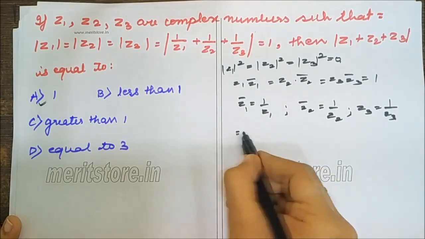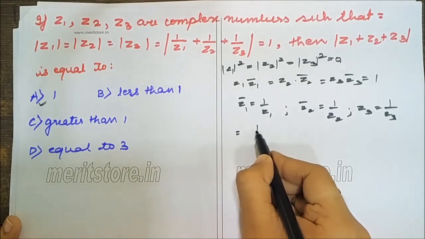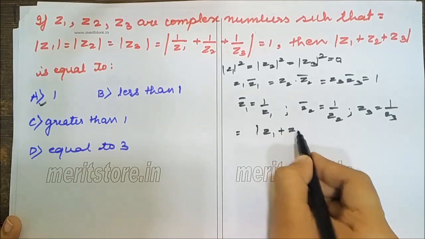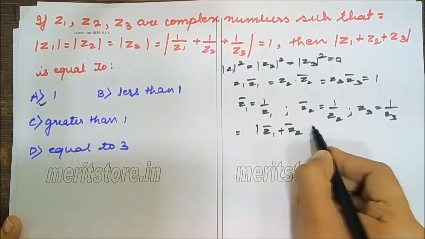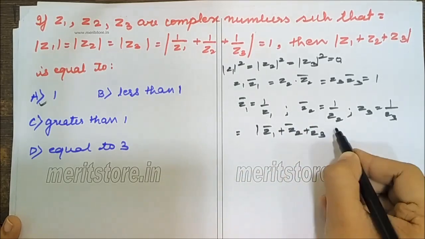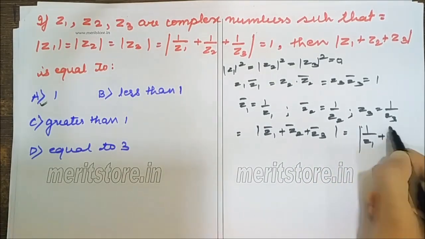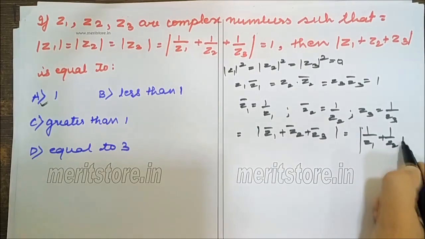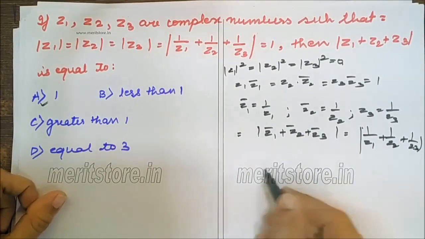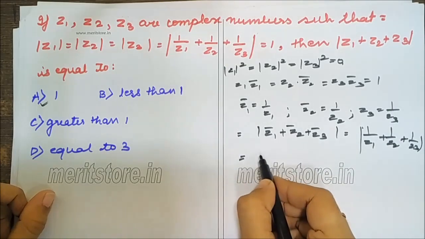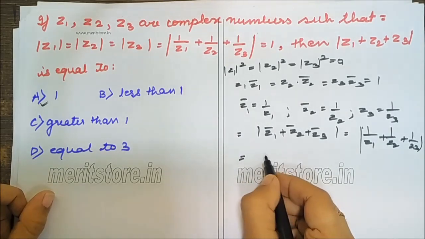So what you get is z̄1 + z̄2 + z̄3 is equal to 1/z1 + 1/z2 + 1/z3.